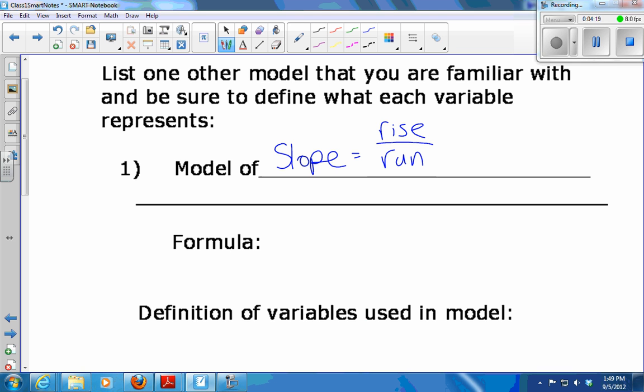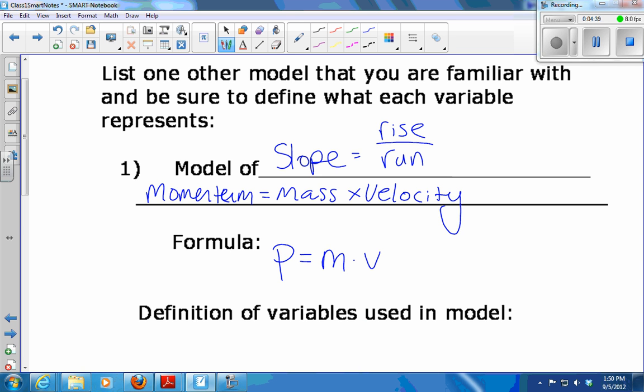Momentum, what is that? Momentum, mass times velocity. Great, so do we have a symbol for momentum? P. P is m times v. Great.